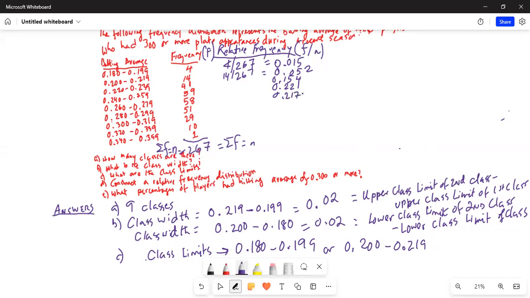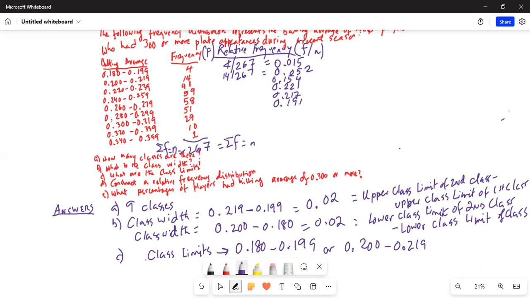Then 51 divided by 267, 0.191. Next, 29 divided by 267, which is 0.109.